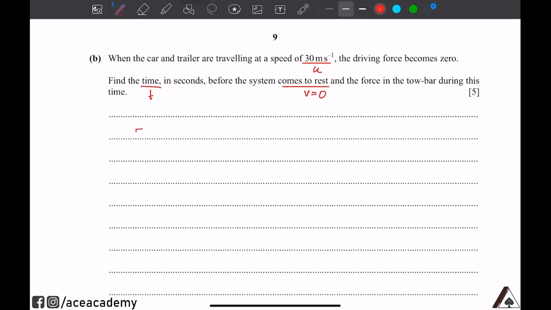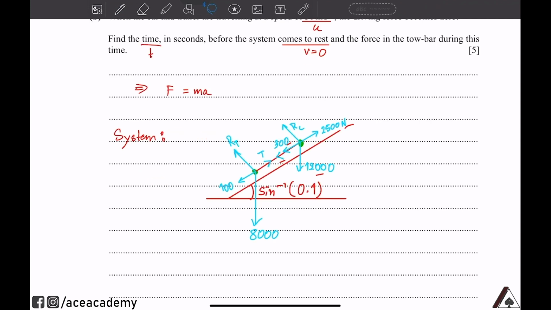And so how will we find the acceleration? Well, we know that the resultant force is equal to mass times acceleration. So if we resolve all the forces for the system, then we have, actually let me get the diagram first. And so here's our diagram from the previous page. In this second part of the question, they've removed the driving force of 2500 newtons.